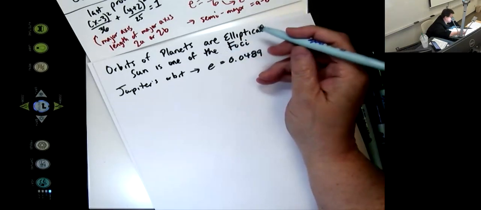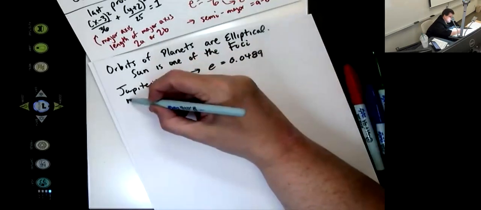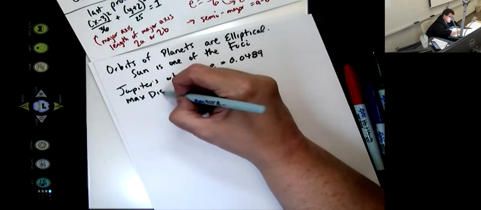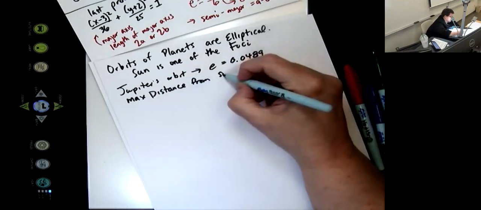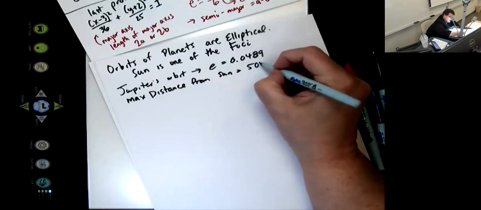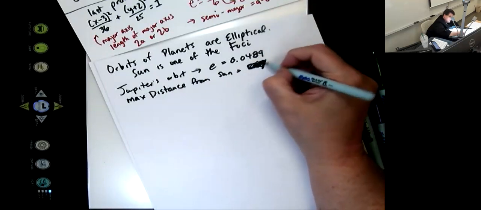And the maximum distance Jupiter is from the sun is 507.4 million miles.